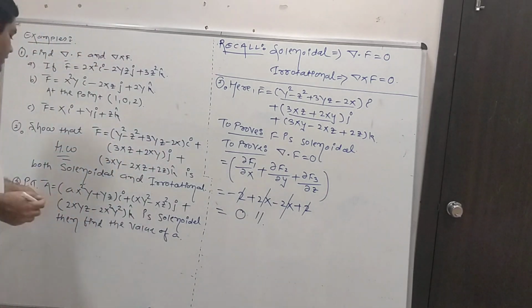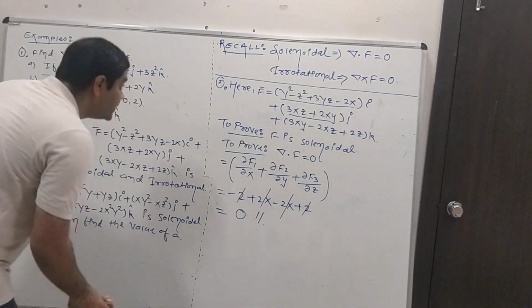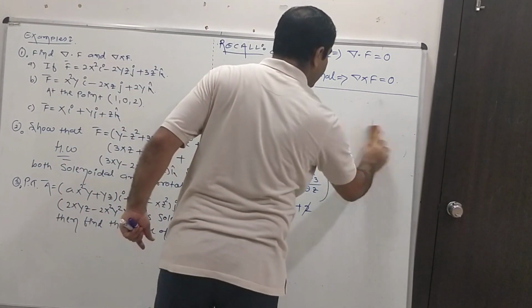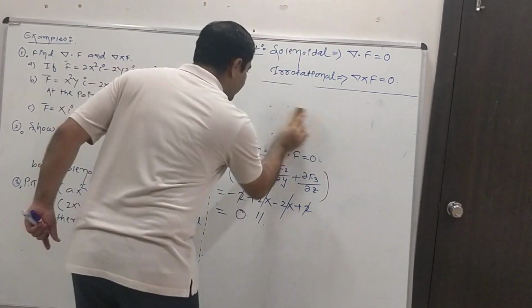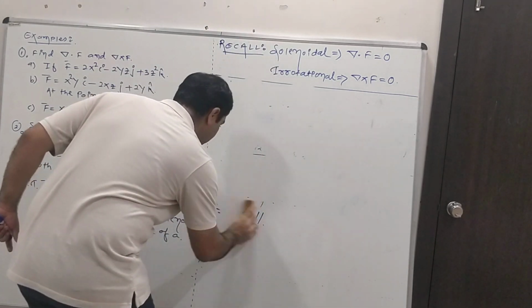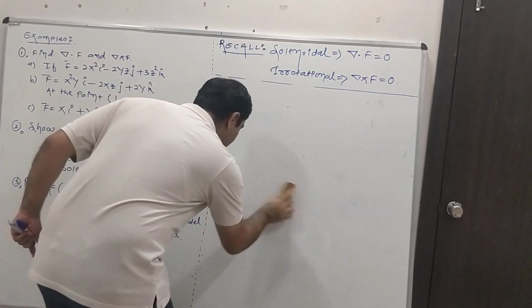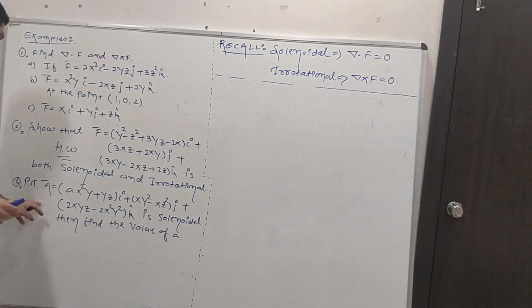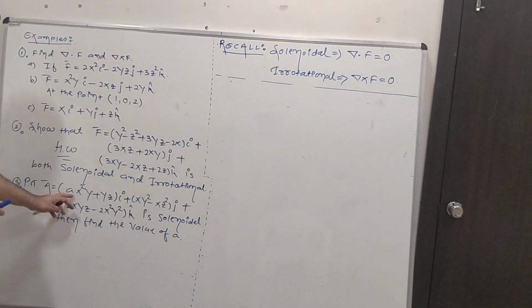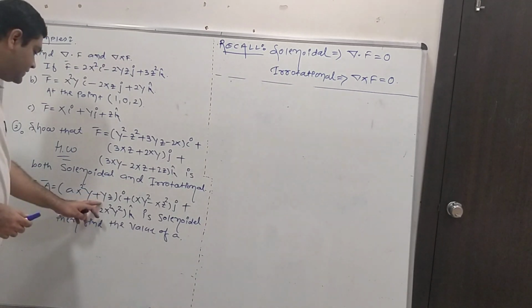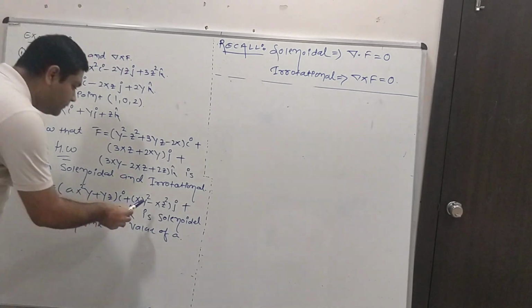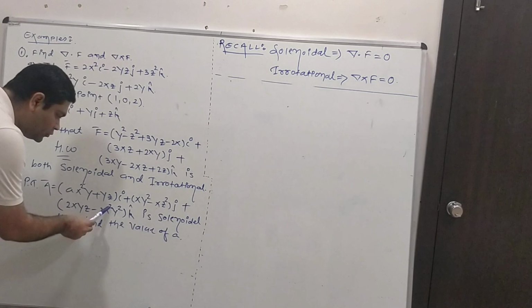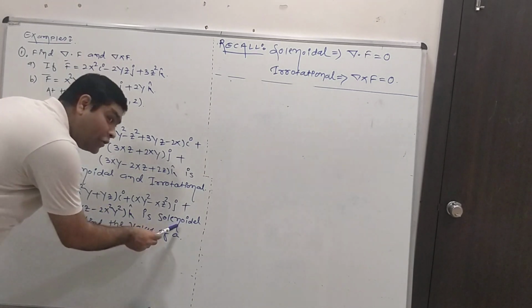Now we'll see the third example, which is very important. So how we'll find example number 3. Here it is given that this A bar is ax square y plus yz i, xy square minus xz square j, plus 2xyz minus 2x square y square k is solenoidal.